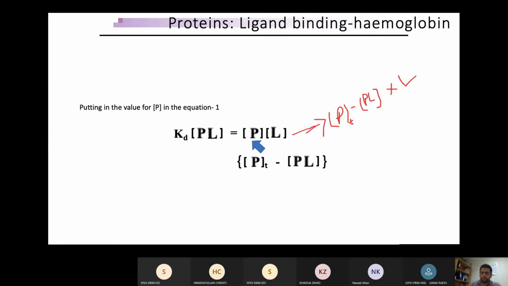So that means now the concentration of ligand is multiplied by this and this separately.